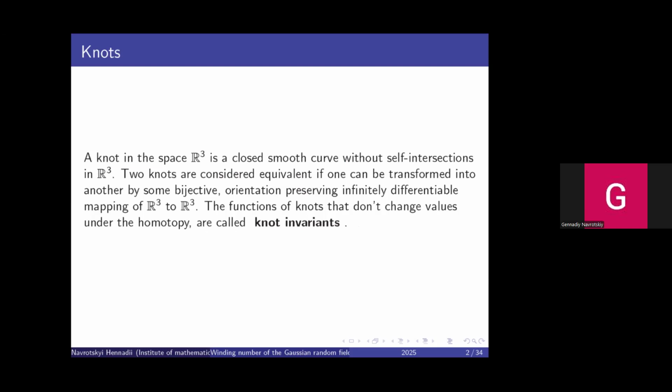So first, let us recall the definition of a knot in the space R3. A knot in space R3 is just a smooth curve without self-intersections, and two knots are called equivalent, or homotopic, if they can be transformed into one another by a bijective, orientation-preserving and infinitely differentiable mapping from R3 to R3, which is the so-called homotopy.